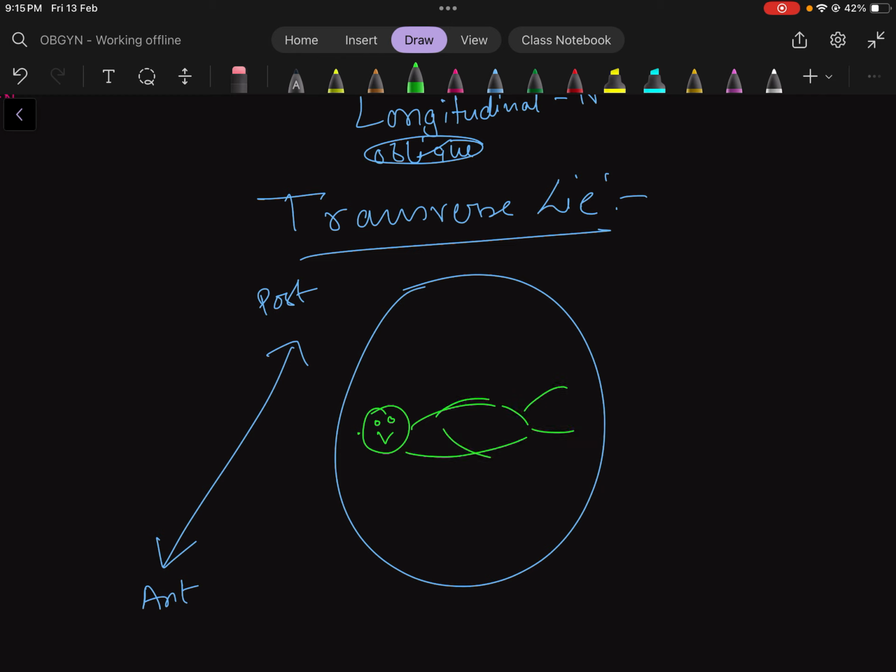It can be dorso anterior or dorso posterior, meaning the dorsum of the body is at posterior, or it can be the reverse one where the dorsum is at anterior.